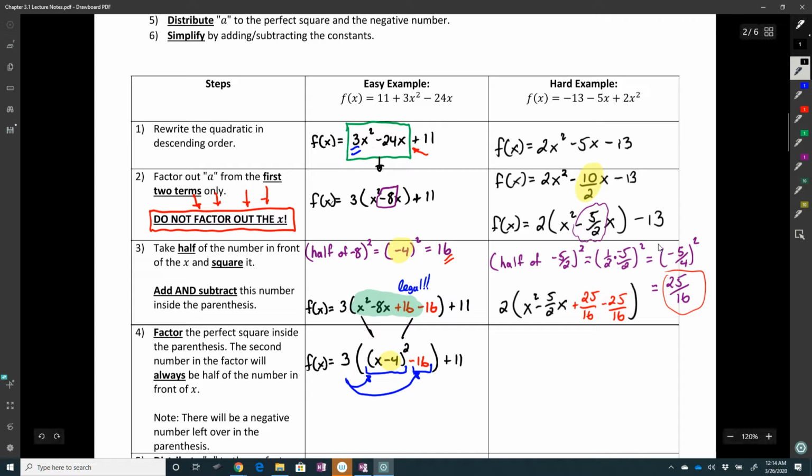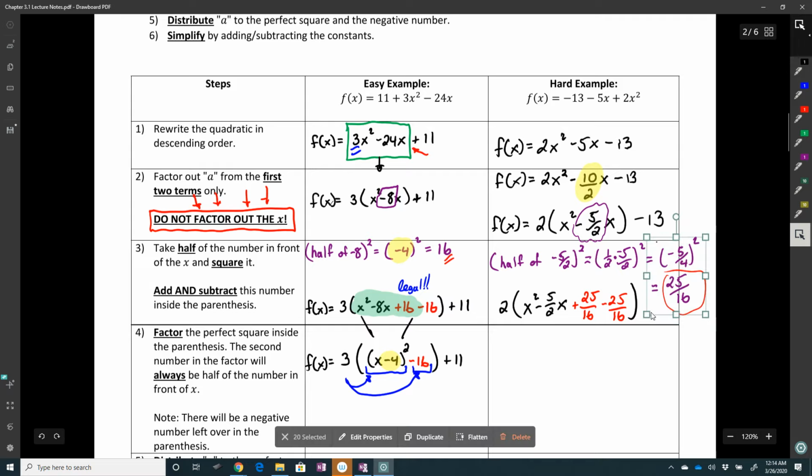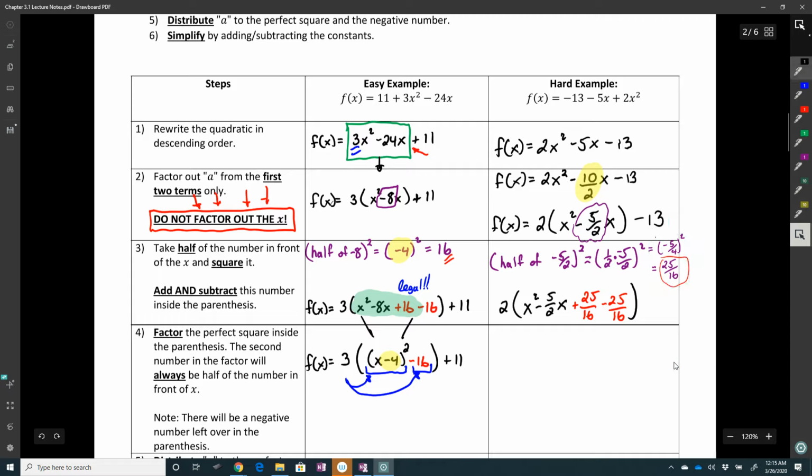And I know I ran out of room. Dang it. Oh, that's not what I wanted. There we go. Sorry about that. Okay, so we get minus 13. See how nasty that is?